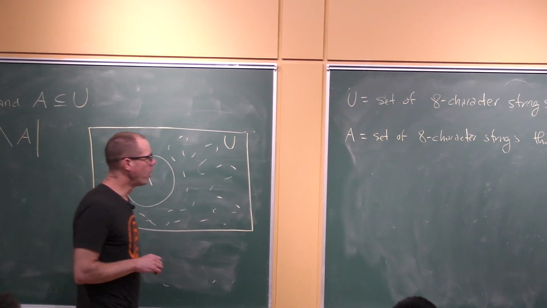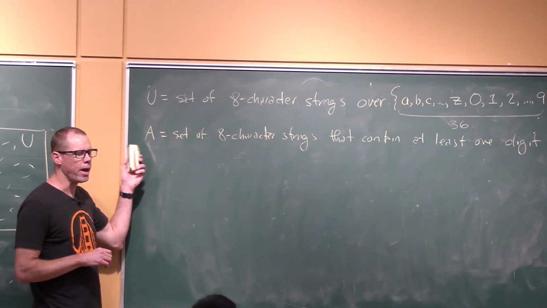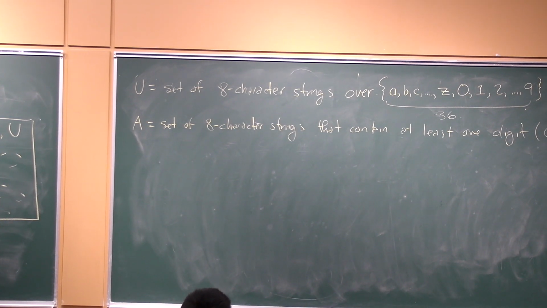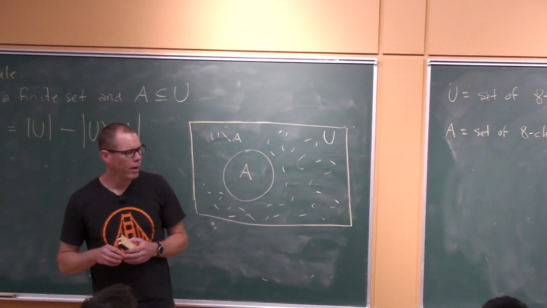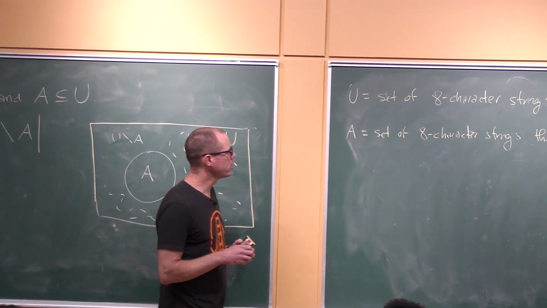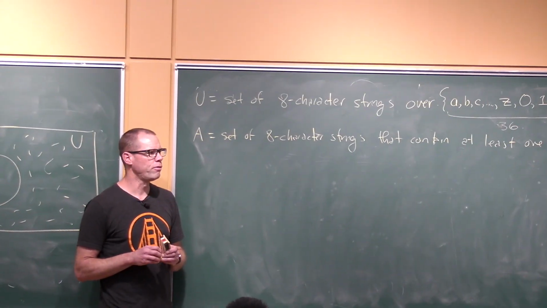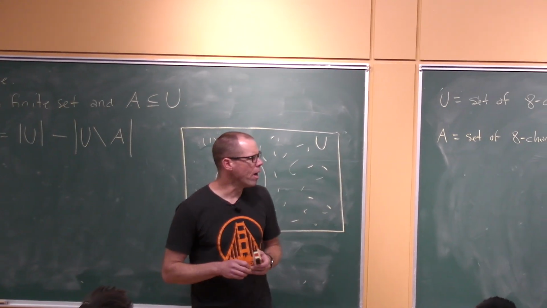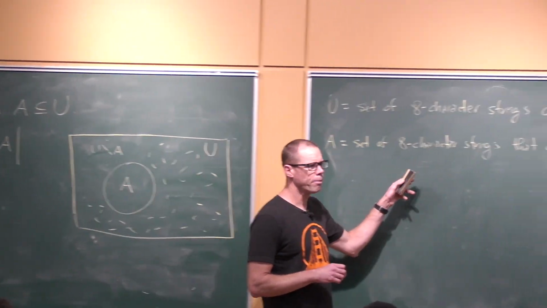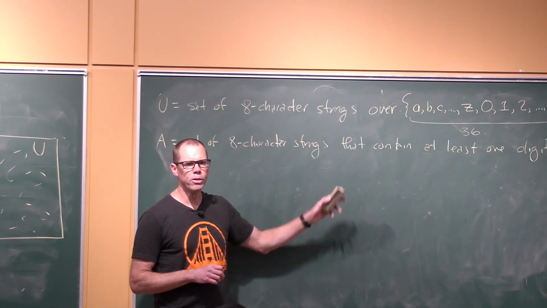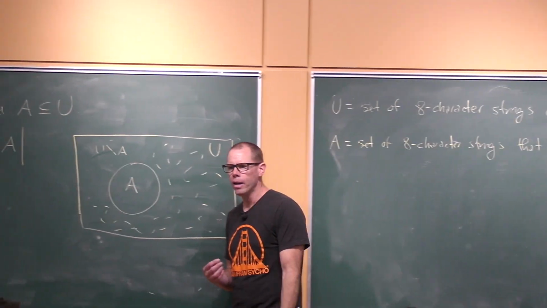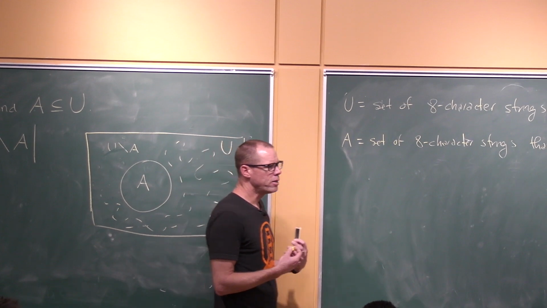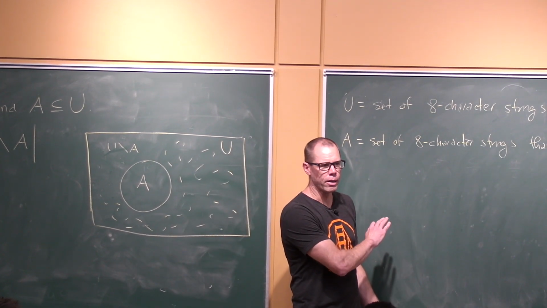All right, so we'd like to know the size of A. And knowing what we know so far, you would be tempted to think, well, let's try and use the product rule to figure out the size of A. So I'll write out the characters one at a time, but what you'll realize if you try to do that is the number of choices that you have at each step depends on what you chose previously.